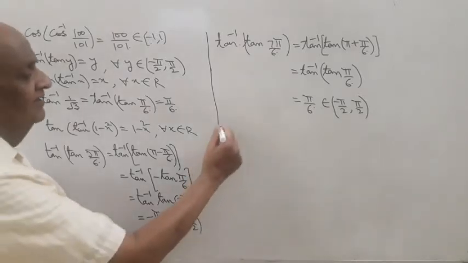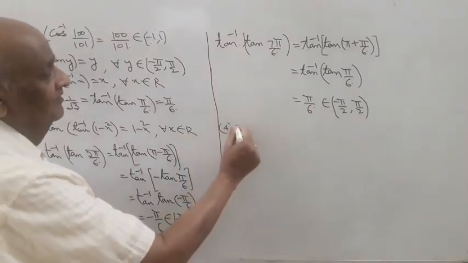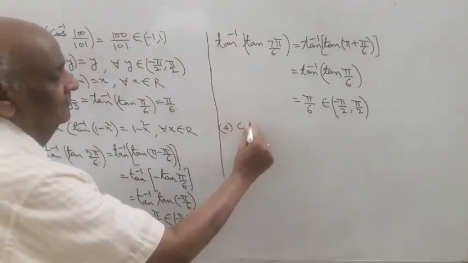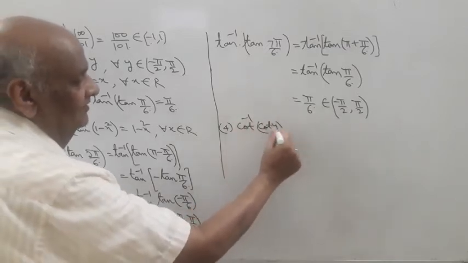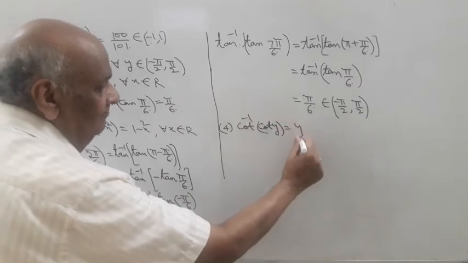Now the fourth one is cot inverse of cot y is equal to y.